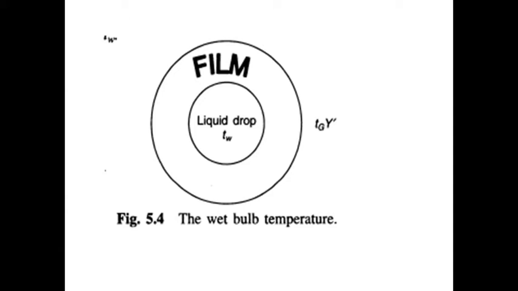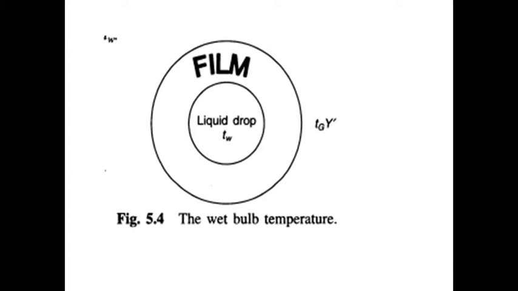The latent heat required for evaporation is supplied at the expense of the sensible heat of the liquid drop, due to which the temperature of the droplet will reduce. So the liquid temperature is reduced below the dry bulb temperature of the gas.